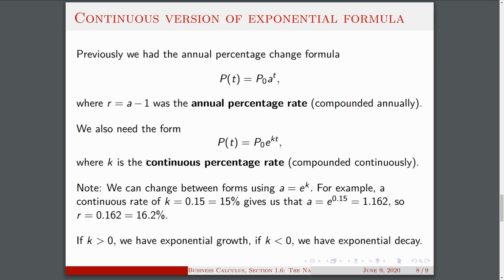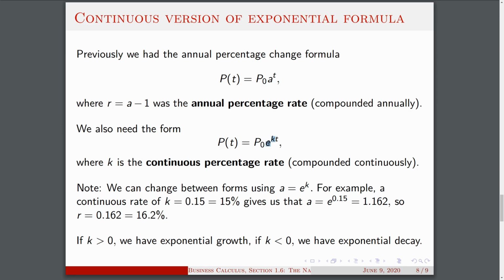So for example, this will give you a way to see that the formulas are very similar in the way they are written. Notice that a is actually e to the k.